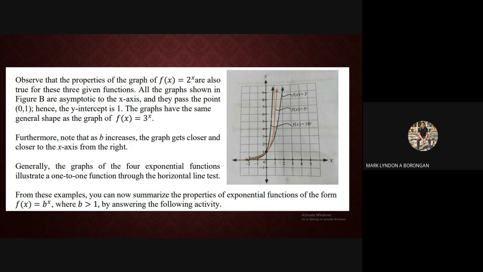Generally, the graphs of the four exponential functions illustrate a one-to-one function through the horizontal line test. Okay? So sa atong horizontal line test diara kas ara sa nag-touch. Therefore, ma-qualify siya. So from these examples, you can now summarize the properties of exponential functions of the form f of x is equal to b to the power of x, where b is greater than 1, by answering the following activity.